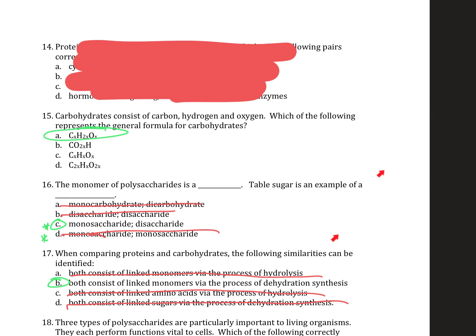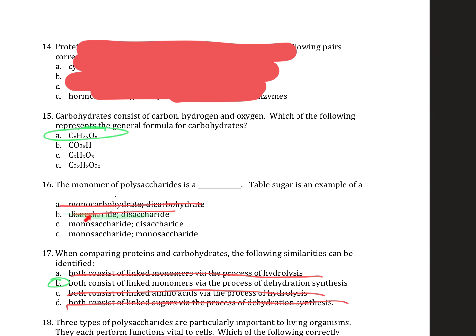The monomer of polysaccharides is a blank. What is the monomer of polysaccharides? By this point, everybody should know monosaccharide. If that's a problem for you, you need to see me during my office hours, please. However, if you look at it, there's 2 possible answers if you know it's monosaccharides. You know it's not A or B, because that says monocarbohydrate, and this says disaccharide.